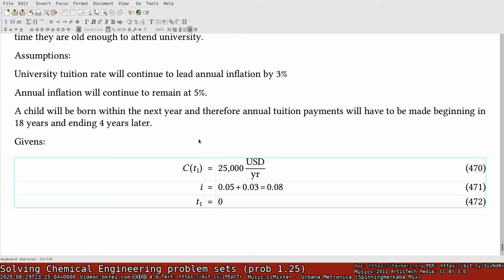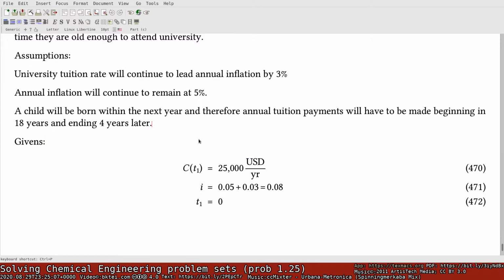Okay, so we're bringing the idea of integration into this. What can we do? So cost is increasing. Do we want to insert the idea of a continuous annual rate?